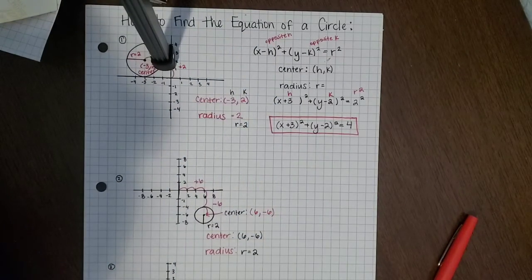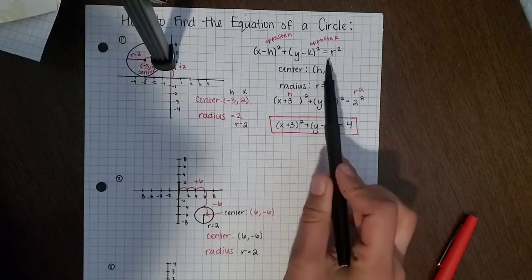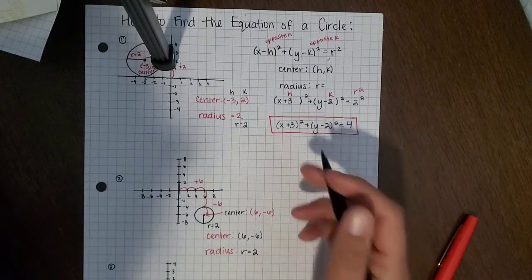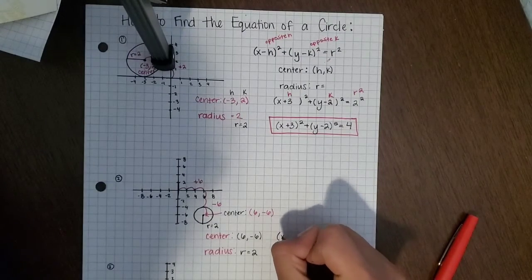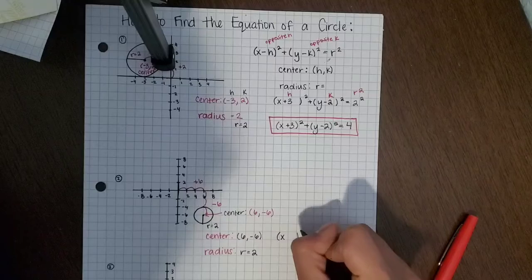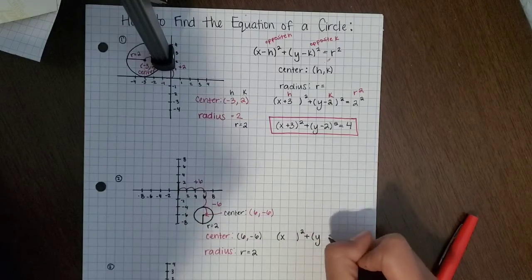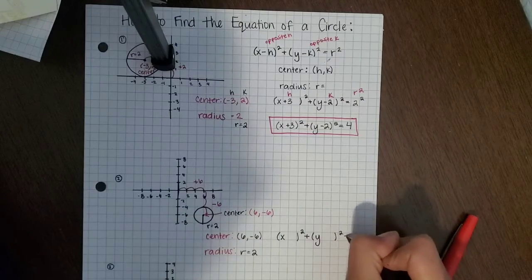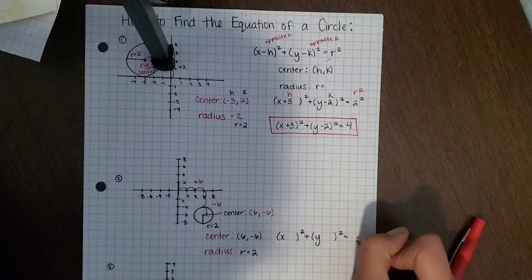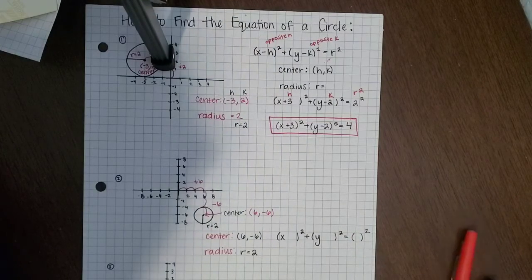So again, we want to make our equation, which is up here. My x always stays the same, plus or minus something, squared, plus y plus or minus a k value, squared, is equal to r squared.